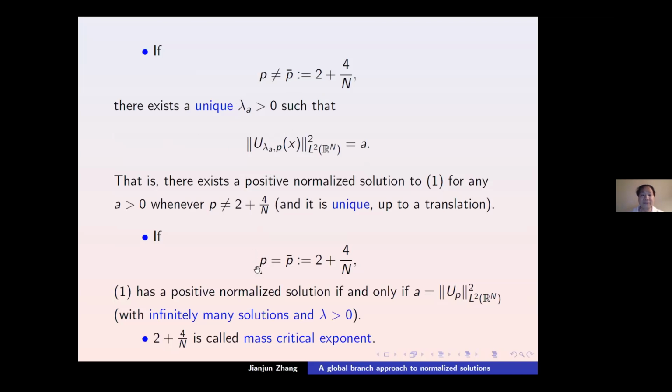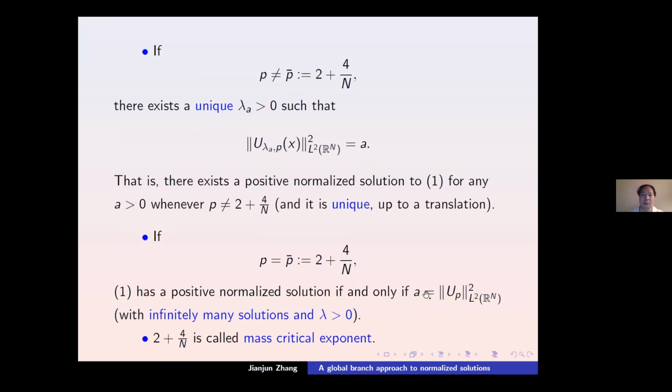But if p is equal to p bar, the problem 1 has a positive normalized solution if and only if a is nothing but the mass of UP.